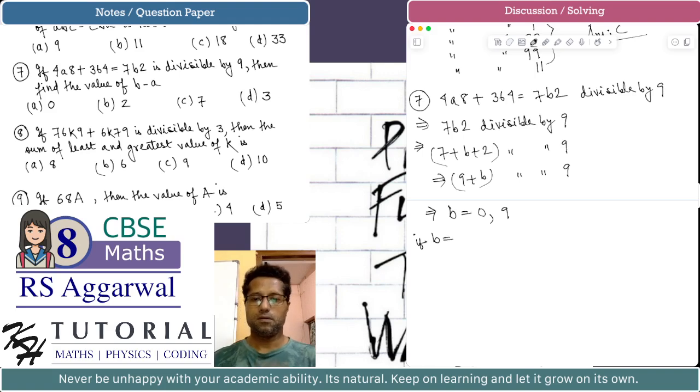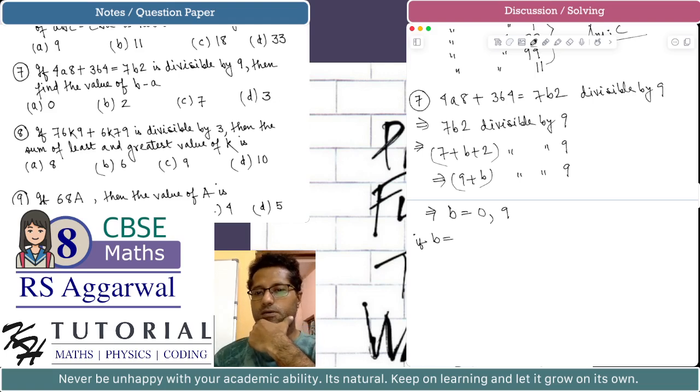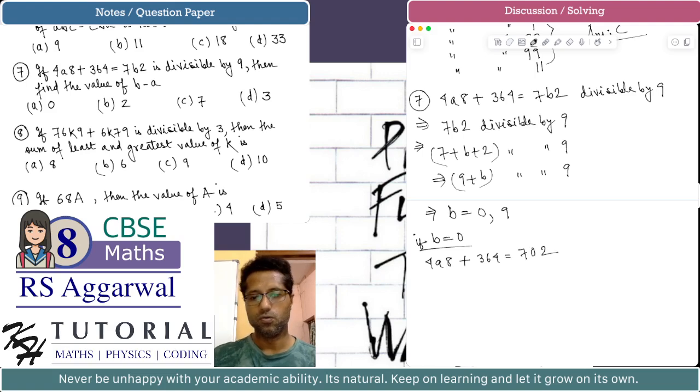Okay. Now, up to this we can see that 9 plus b must be divisible by 9. So this means b can have the value 0 or 9. Now, if b equals 0, we get 4a8 plus 364 is equal to 702.